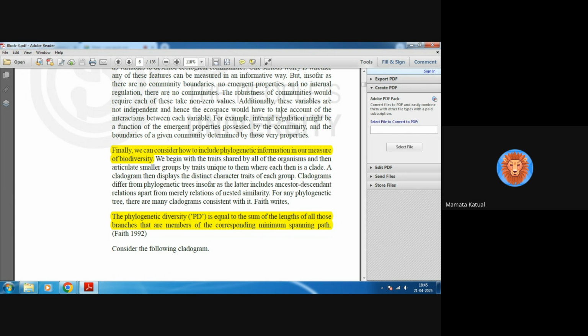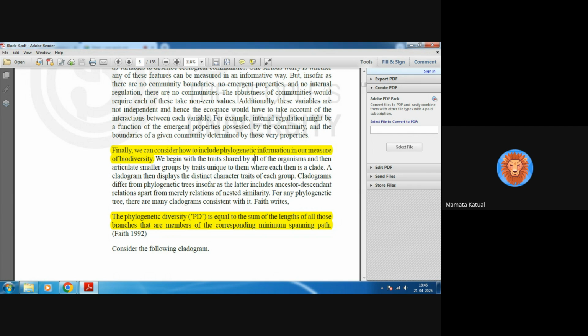So in an ecosystem, we can find many such clades, different clades, and there is also some relationship between different clades. First, we have to identify the clades.